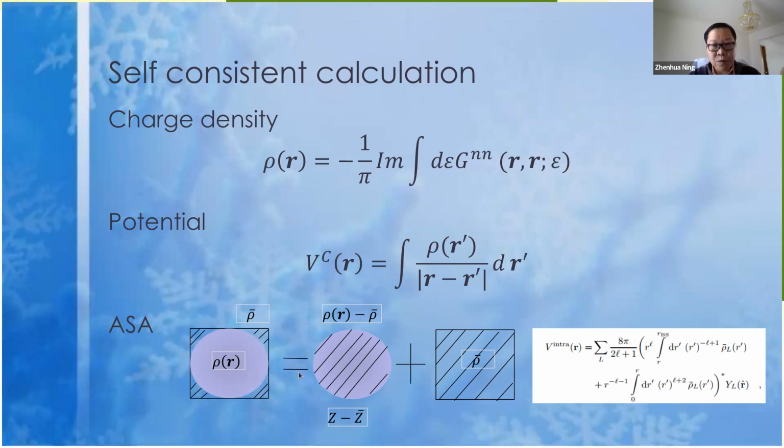The potential inside the sphere can be calculated by equations similar to this one, and the constant charges contribute a Madelung term. So for ASA, it's pretty easy.